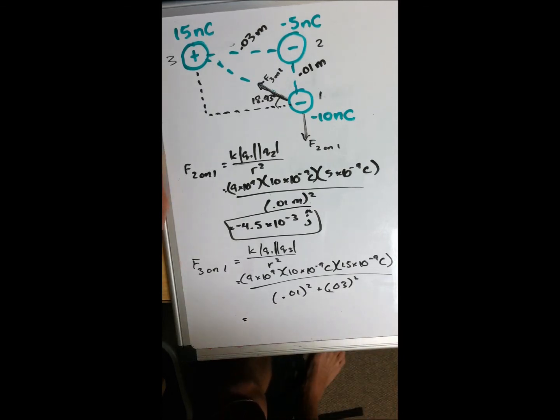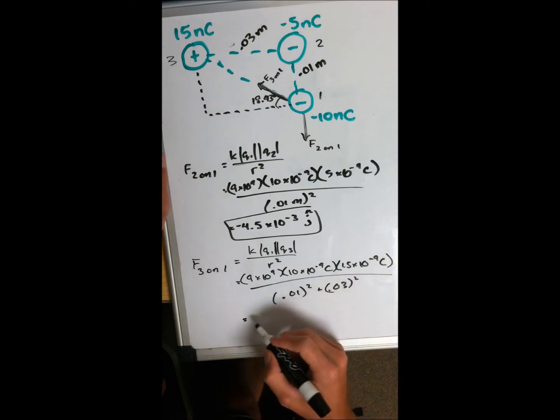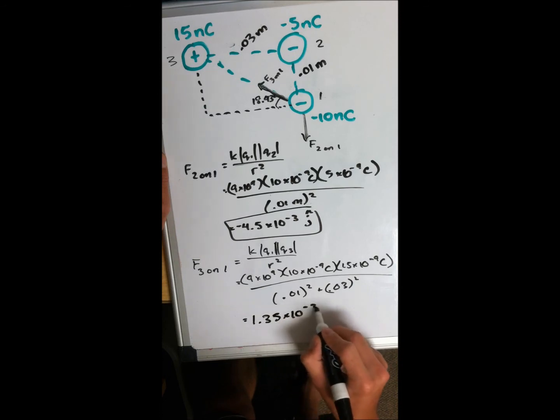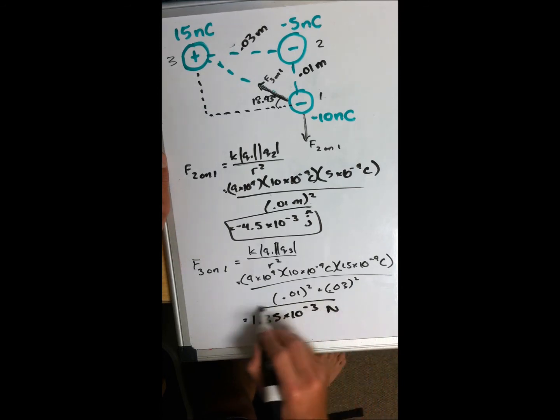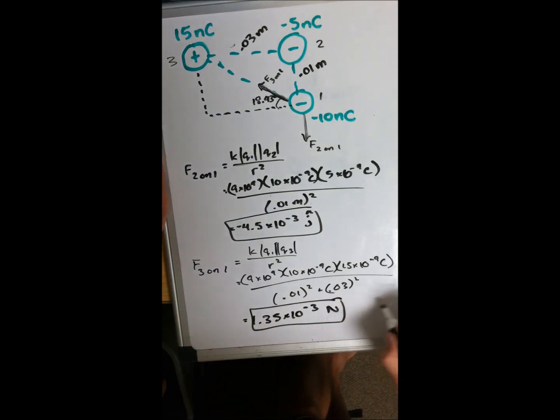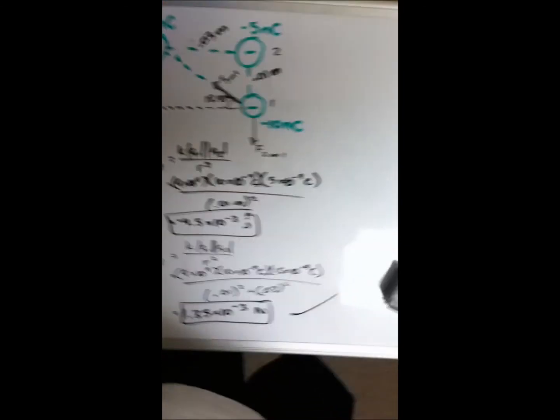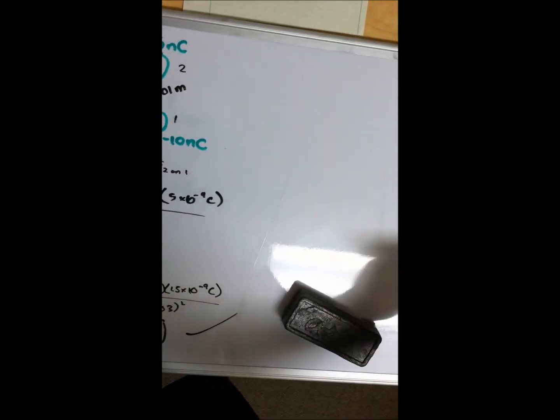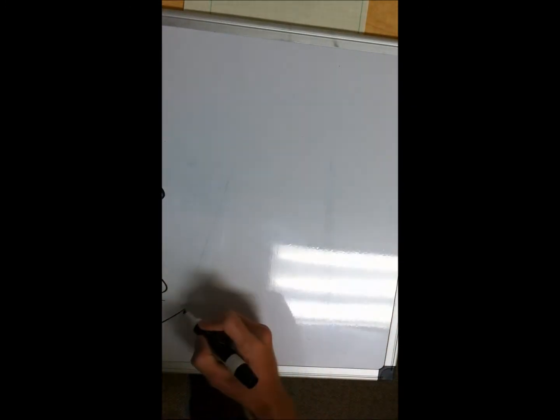So the answer to this diagonal force is 1.35 times 10 to the negative 3 newtons. However, that's the diagonal force. That's not component-wise in terms of i hat and j hat. So we're going to go out here a bit, and we'll go up to here.